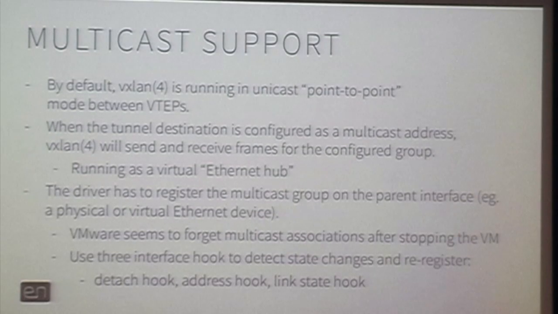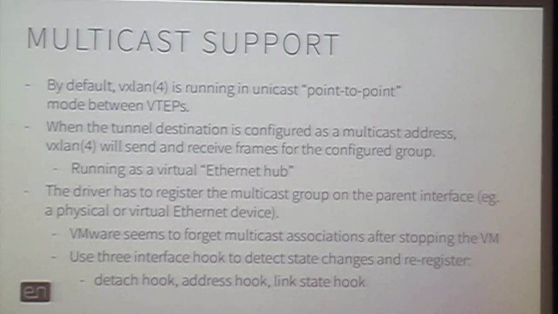Yeah. So by default, VXLAN is running in this unicast mode, so you specify a tunnel like you did on traditional tunnel interfaces, source address, destination address. When you define a multicast address as a destination, then the code will figure out this is a multicast address.